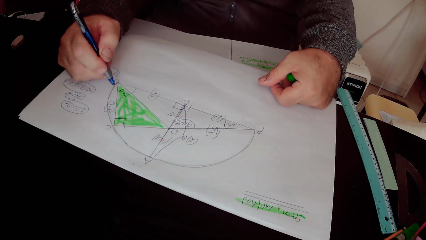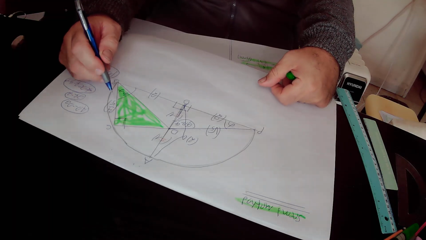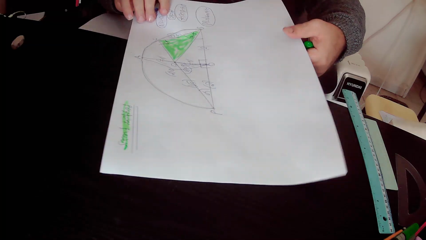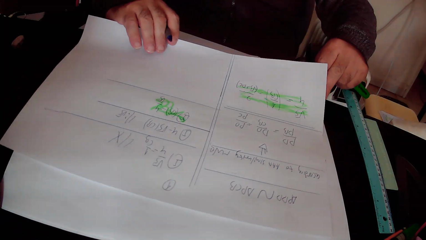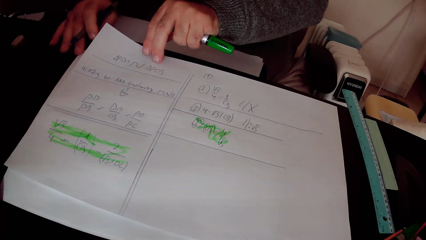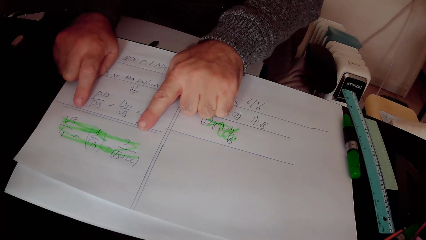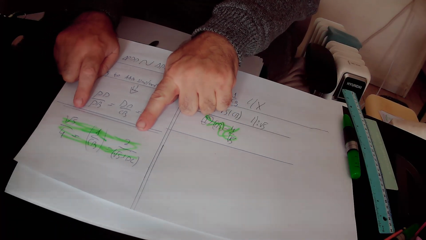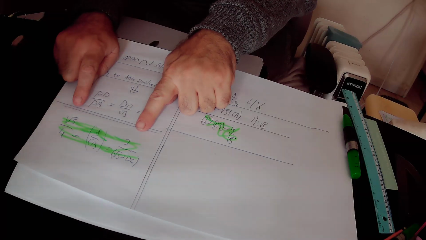The missing side CB is equal to 4 over square root of 5 units in its length. Those two sides of the equation are equal to each other, therefore we get equation 2 from those two sides.